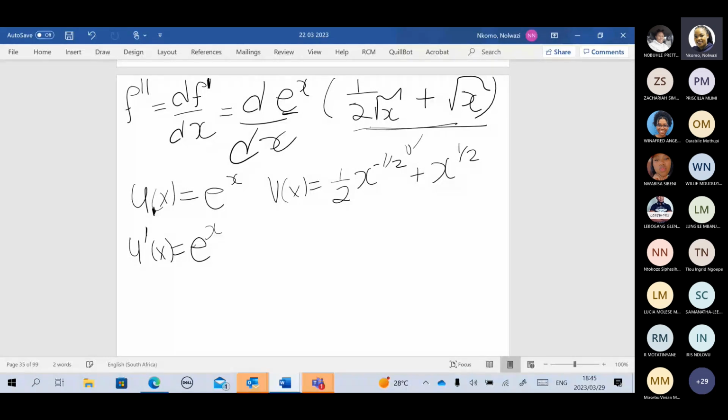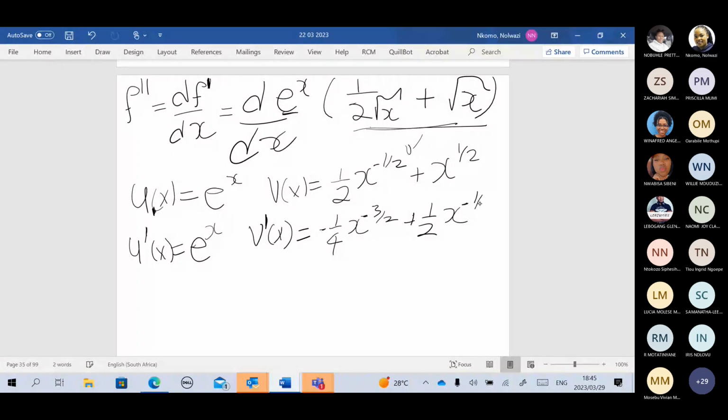Here we have 1 over 2 x to the power minus half plus x to the power half, right? Meaning we have a polynomial. To differentiate a polynomial, you need to use the power rule, right? And if we use the power rule here, we'll have minus 1 over 4 x to the power minus 3 over 2 plus 1 over 2 x to the power minus 1 over 2, right?